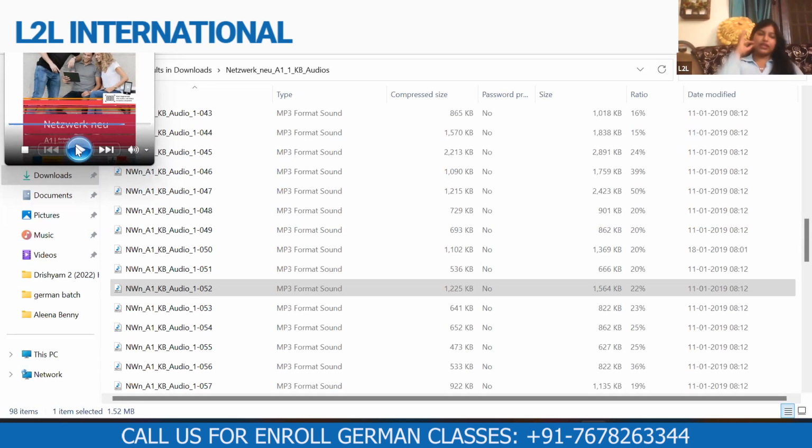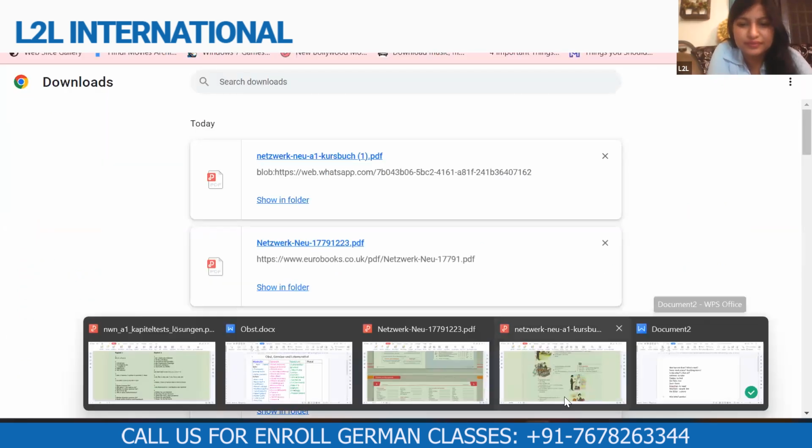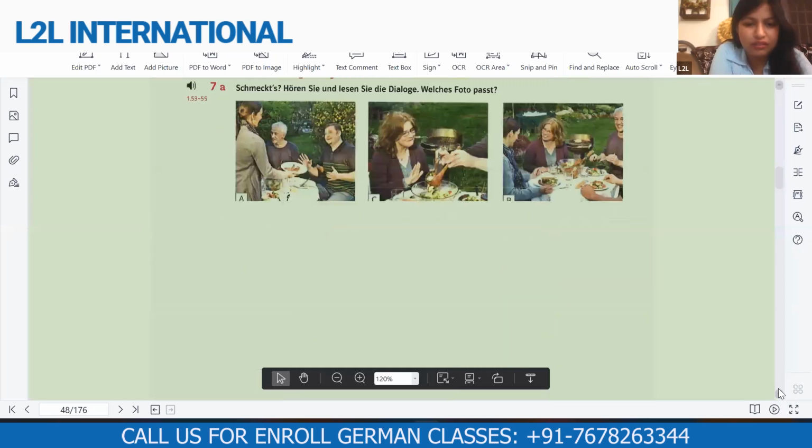See the pictures very carefully and let me know. Ashwin, which picture do you think? The topic here is the Einkaufswagen. D. Yeah. Samriti, what do you think?